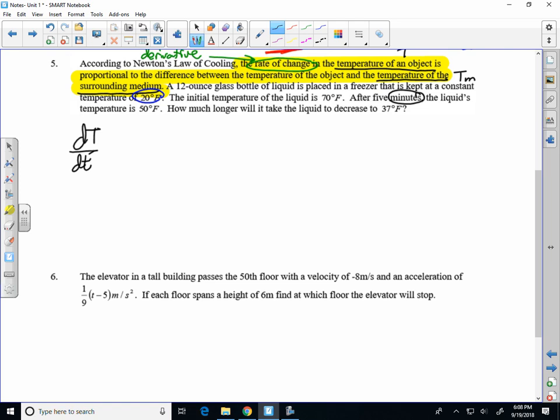Proportionality is just talking about a direct relationship between two variables, the only difference being some factor k, some unknown numerical value that is a multiplier of one variable. So, proportional to the difference between the temperature of the object, which again we're calling T, and the temperature of the surrounding medium, which we're calling T sub m.